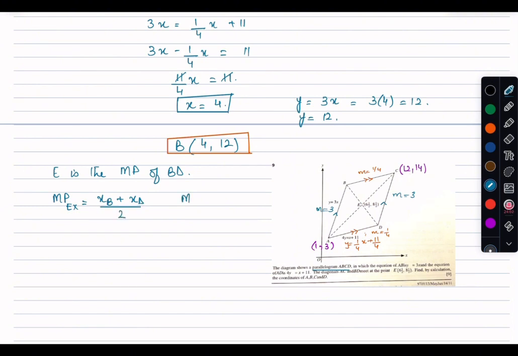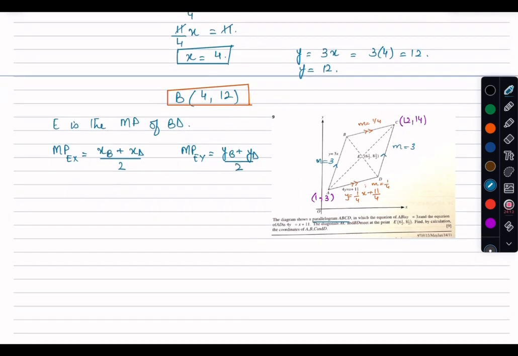And also I will be comparing the midpoint y coordinate, which should be equal to YB plus YD divided by 2. So the midpoint x coordinate of E is 13 by 2. That should be equal to the x coordinate of B and x coordinate of D divided by 2. The 2 gets cancelled, and I can say that the x coordinate of D is going to be 13 minus 4, which is 9.